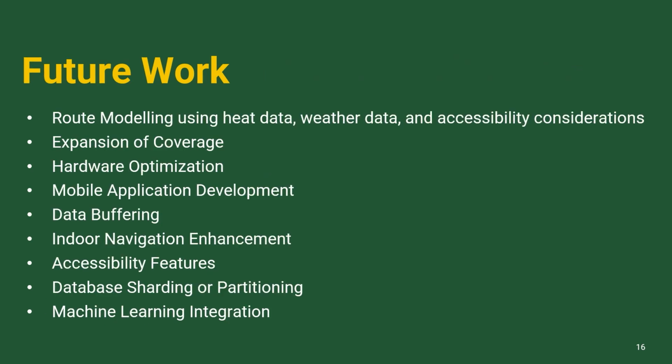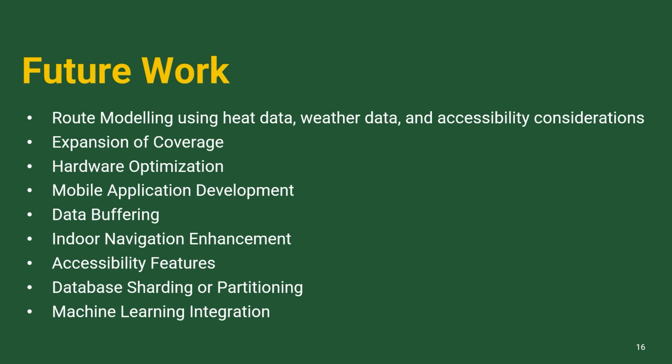Future improvements for the projects are planned across several key areas to refine and extend its capabilities. The project is aimed at expanding the Blabber network for full campus coverage, ensuring efficient support for navigation. In parallel, there is an emphasis on hardware optimization with the goal to minimize the size and power needs of the Blabbers.